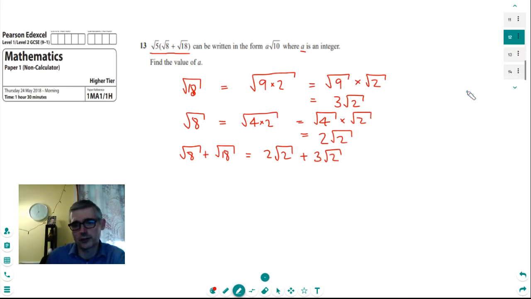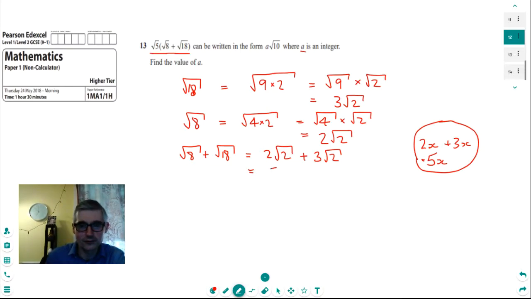It's very similar to an analogy: what would 2x plus 3x be? Well, that would be 5x. So similarly, 2 root 2 plus 3 root 2 will give us 5 root 2.